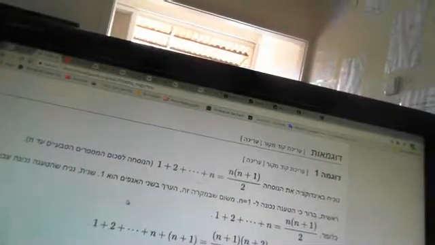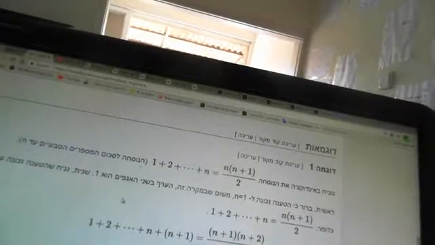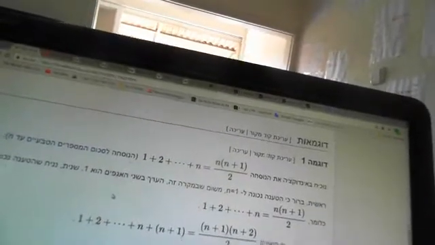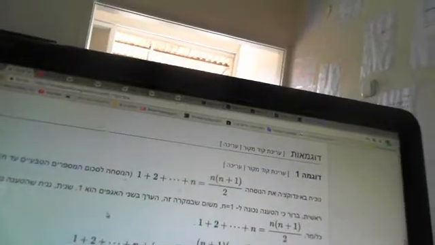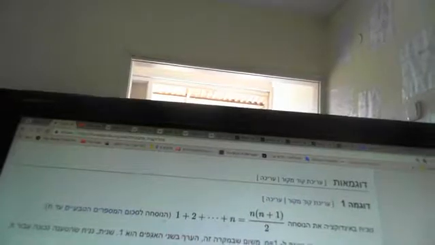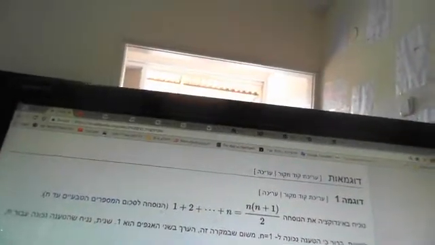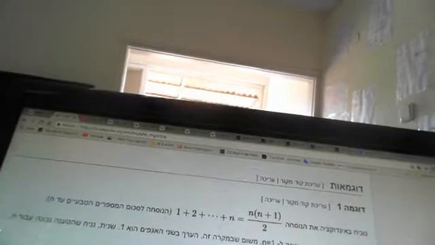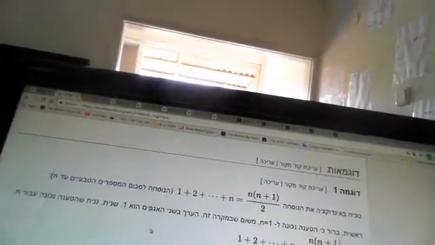Okay, the first step is the base case, where we will check if this equation is true for n equals 1.